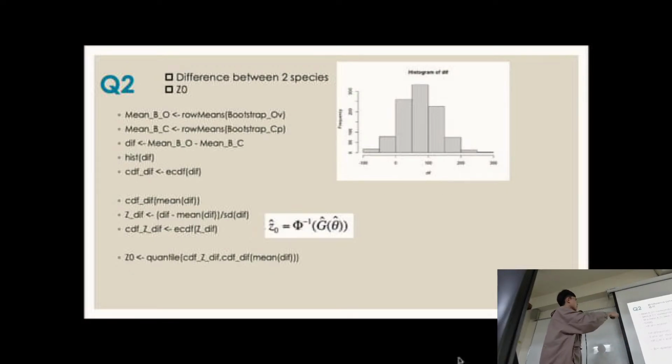And we need to know the difference between two species. So I use the function means to get the aggregate means for all species and C species, and to get the difference of the O minus the C. So you can see the histogram of the difference. And again, I use the function to transform my data to the scale.